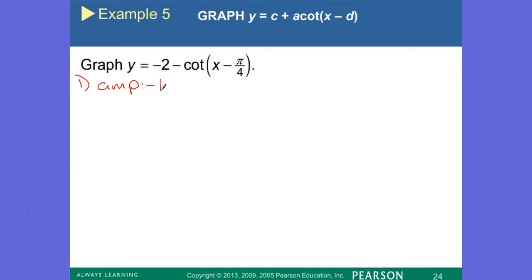2 is period. So period is going to be what? -2. Oh, wait. Okay. Tangent and cotangent always start with pi.